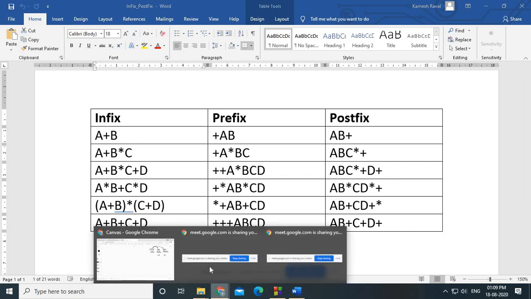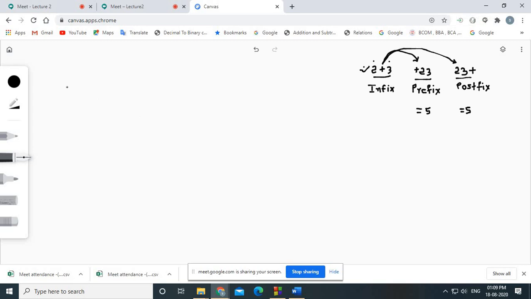So let's suppose this is my infix expression, right? For example, my first infix expression that I am considering is a plus b. Now here, a and b, you can treat as variables or as constants.